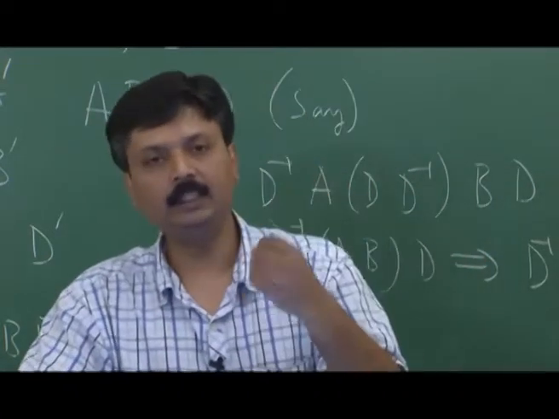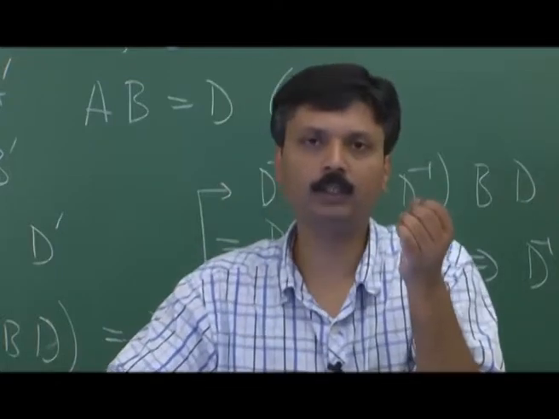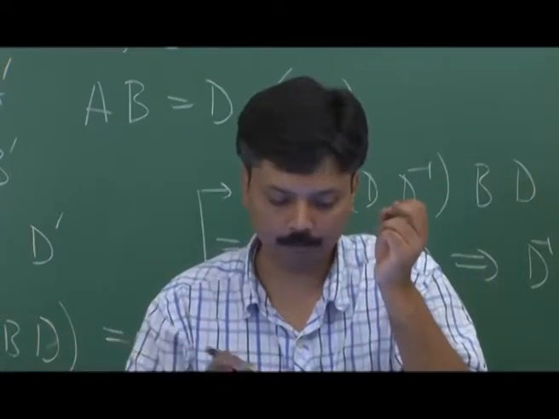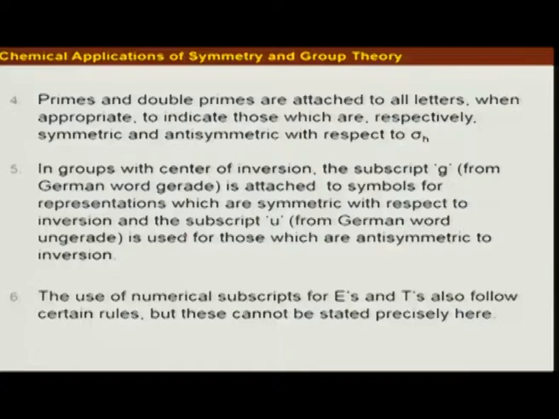Okay, so this g and u are coming from the German words gerade and ungerade. Okay, so apart from this, these are the most commonly used symbols for irreducible representations. But other than this, there are certain numerical subscripts that are used for the symbols E and T, but we will not discuss those things right here, and for most of our purposes, those will not be very much required.